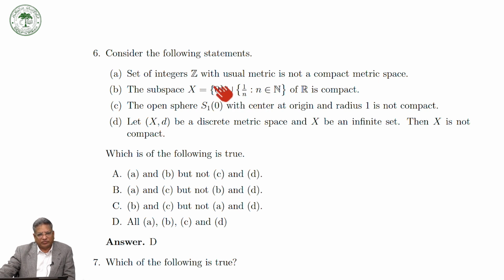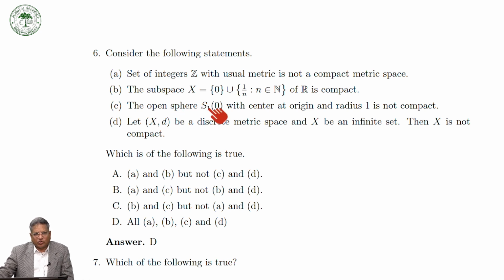But if you remove 0 from this set, then it is not compact with the usual metric on R. If you include 0, then it is a complete metric space. And in the exercise, we have already proved that if you take a set and include the limit points of all the sequences in this set, then the set is compact. So this set is compact.